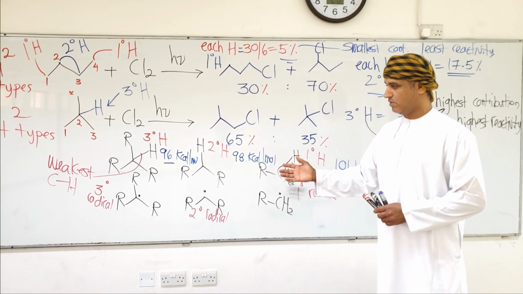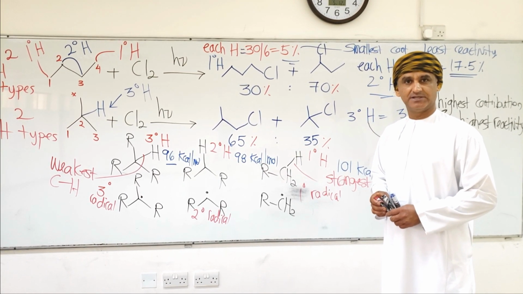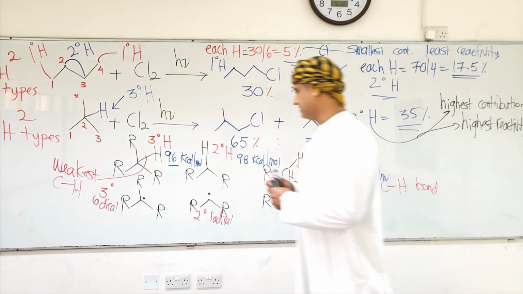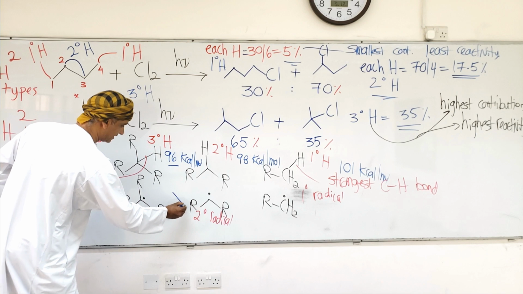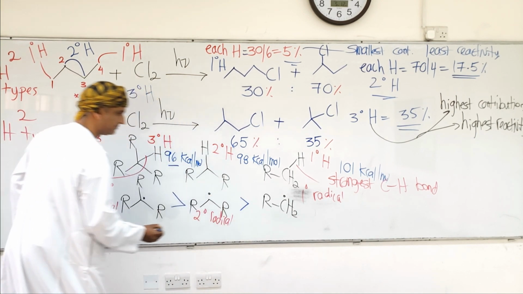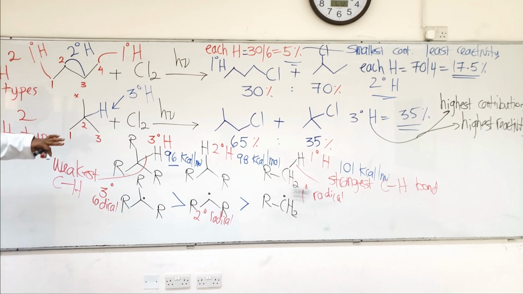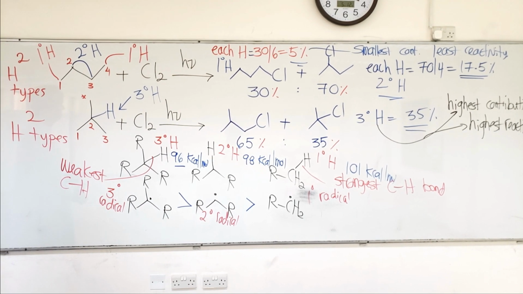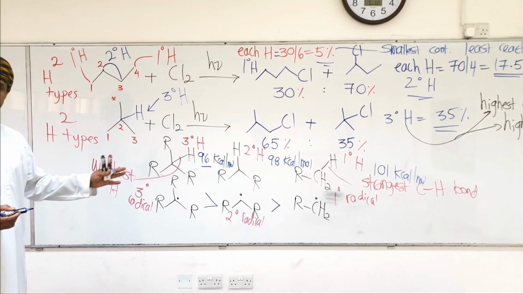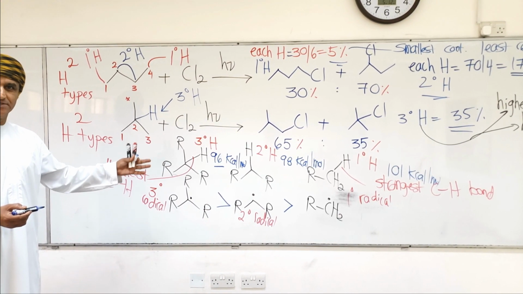If that's the weakest bond, therefore the corresponding radical should be the most stable. That tertiary radical is greater in stability than the secondary radical, which in turn is greater in stability than the primary radical. This is due to the corresponding bond dissociation energies of the CH bond.